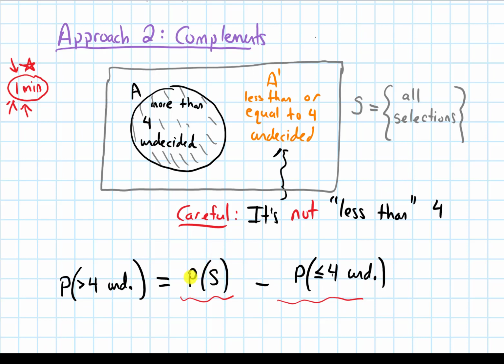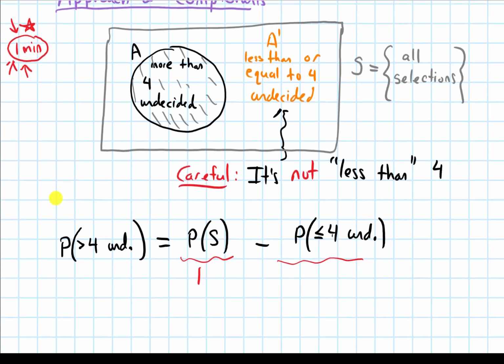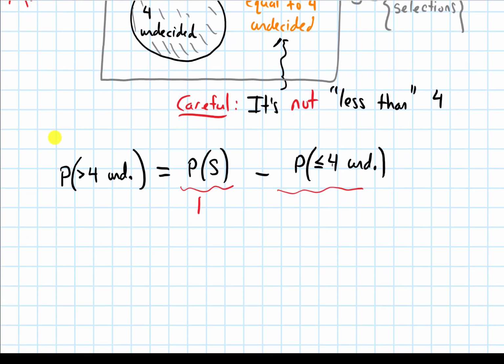All right, so the probability of S is always 1. The probability of being somewhere in the whole sample space is always going to be 1. So let's keep going. So this equals 1 minus, and now I have to find the probability that we have less than or equal to 4 undecided voters. So there I do have to consider cases, but luckily there's much less cases than we had directly.